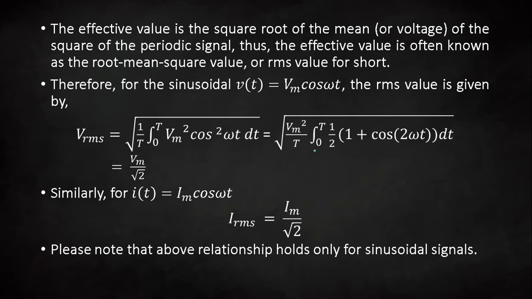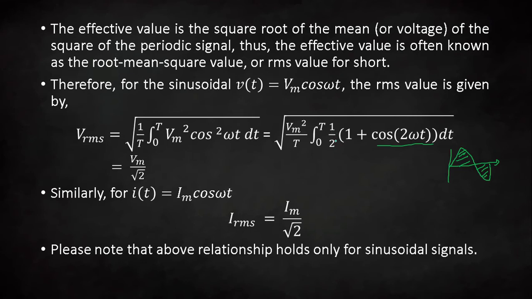Now whenever we find the integration of a sinusoidal or cosine function, the total integration will be 0, because the average of a sinusoidal signal is always 0, since the positive half of the cycle is cancelled out by the negative half of the cycle. That is why this term will be 0. The only term present is 1.